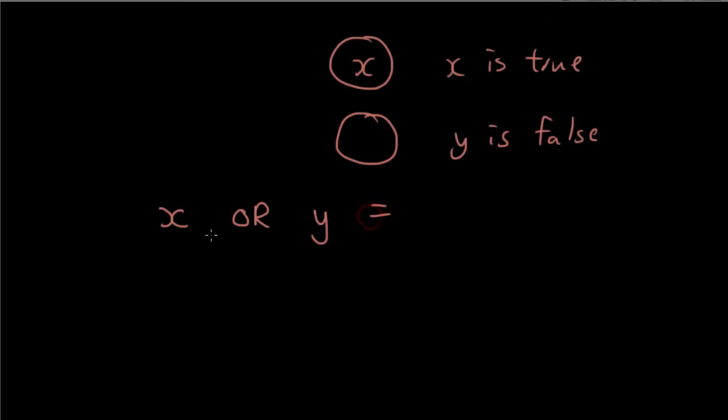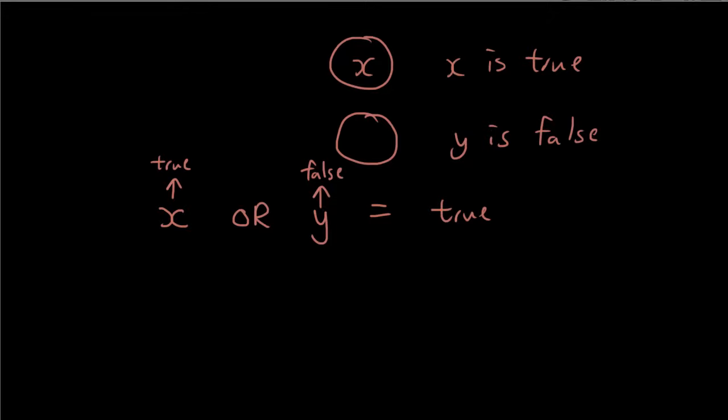What does that operator tell us as the answer? If x was true and y is false, then what is the answer? The answer is true.